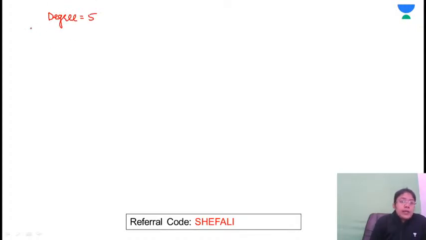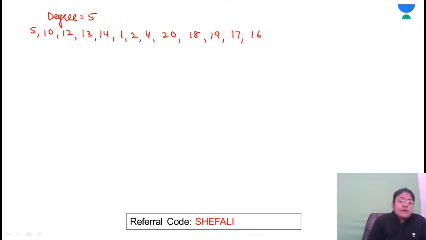And you have to insert the elements 5, 10, 12, 13, 14, 1, 2, 4, 20, 18, 19, 17, 16, 15, 25, 23, 24, 22, 21. और एलिमेंट्स ऐड करने हैं, बहुत है. Sufficient. All right.